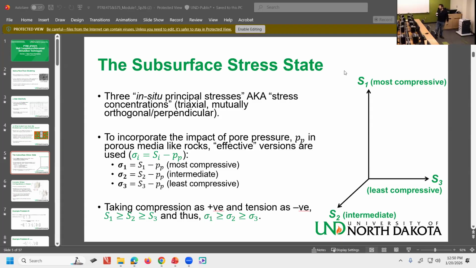S2 becomes sigma 2, S3 becomes sigma 3. Sigma 1 would be in the direction of S1, sigma 2 in the direction of S2, sigma 3 in the direction of S3. So I change their values, but I don't change their relative rank.